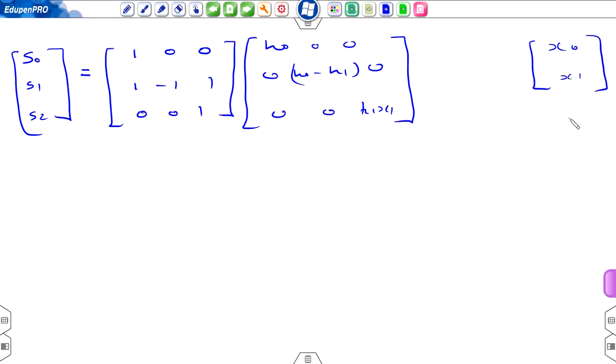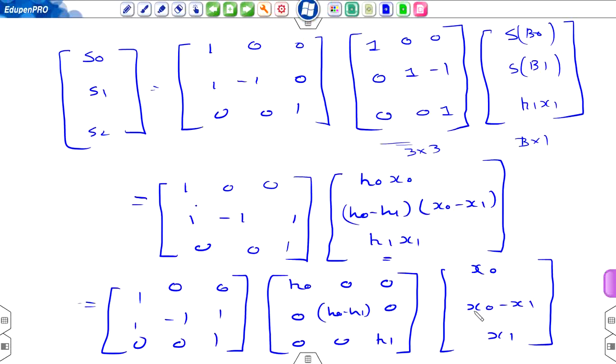So this is a 2 cross 1 matrix, so the coefficient matrix should be 3 cross 2, 3 rows and 2 columns. So the values of this matrix can be easily determined, and it is 1 0 1 minus 1 0 and 1. So this is x0, this calculation corresponds to x0 minus x1, and this calculation corresponds to simply x1. Okay, so this term is calculated.